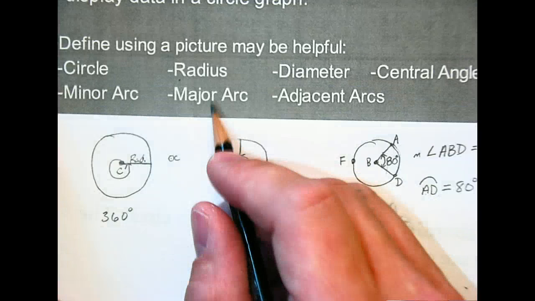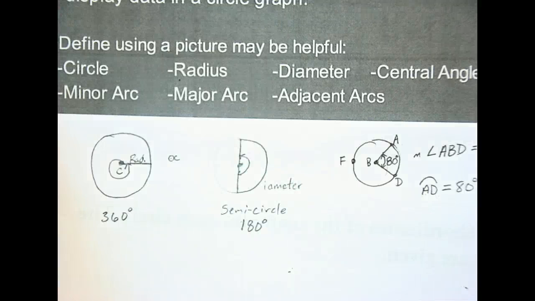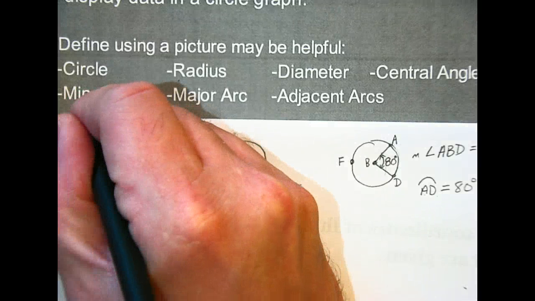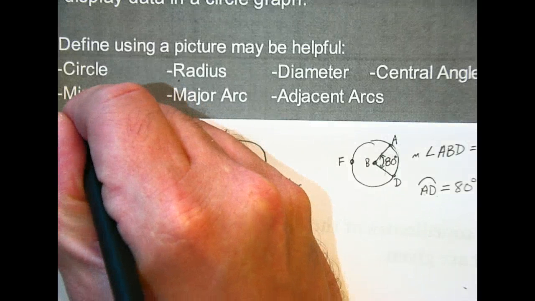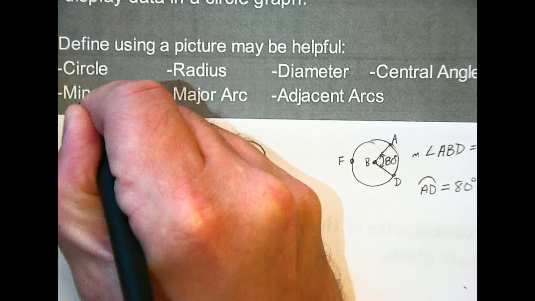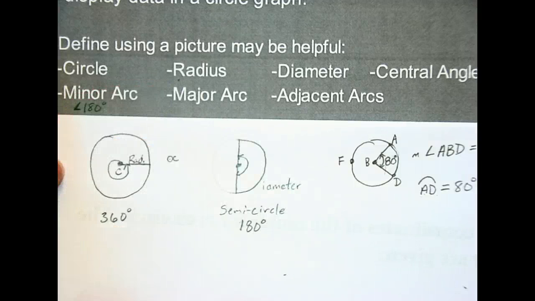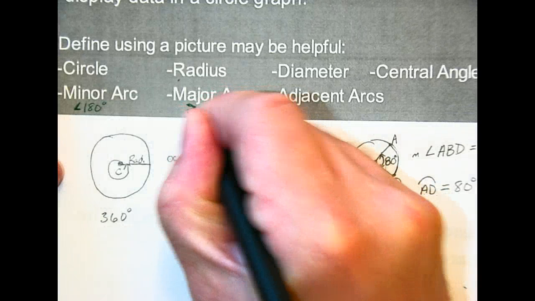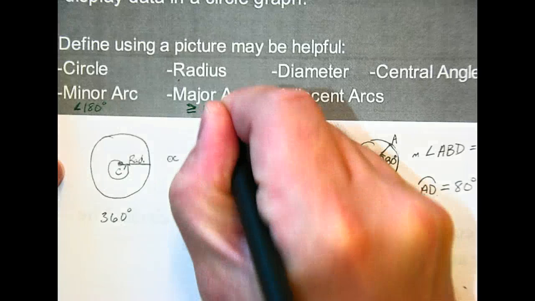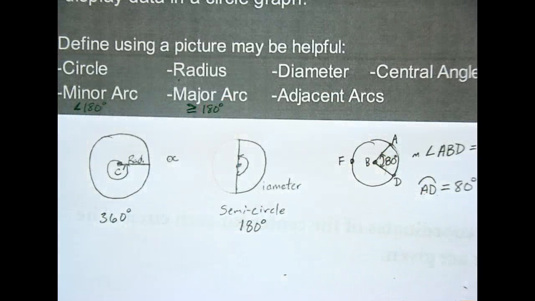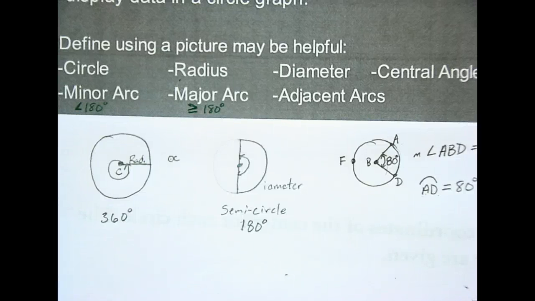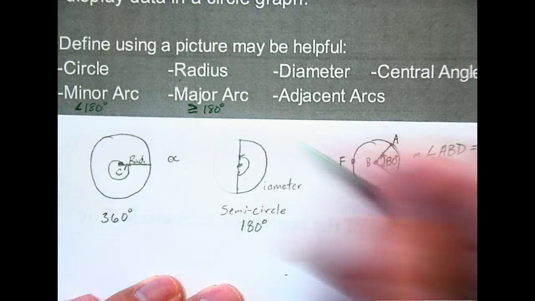A major arc is greater than 180. Okay? So if you're taking notes on this, and we'll use it later on, a minor arc measures less than 180. Okay? A major arc is greater than or equal to 180. All right. So a major arc here, you use 2 or 3 letters for.